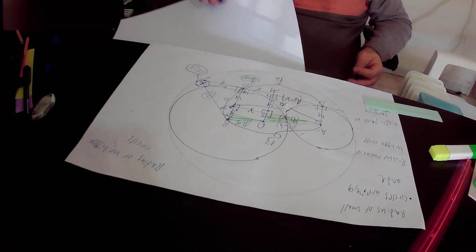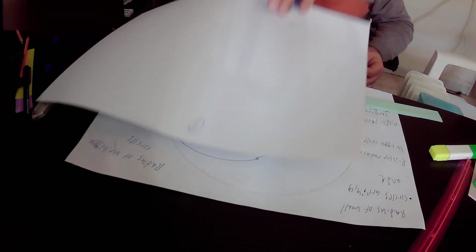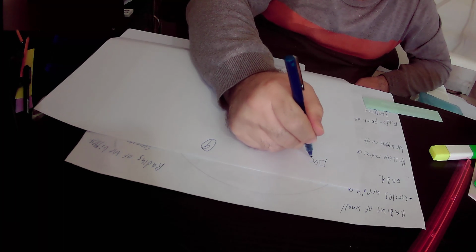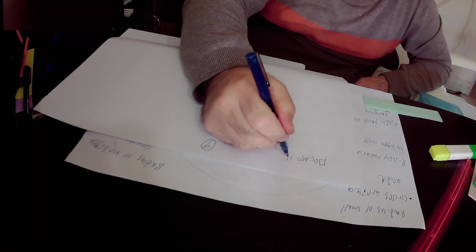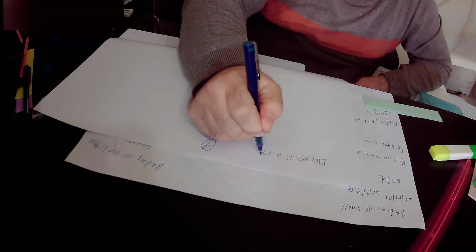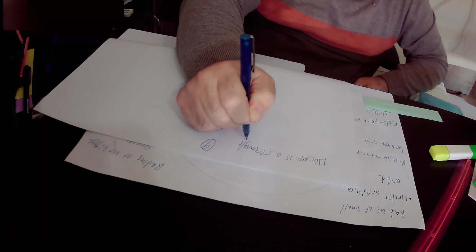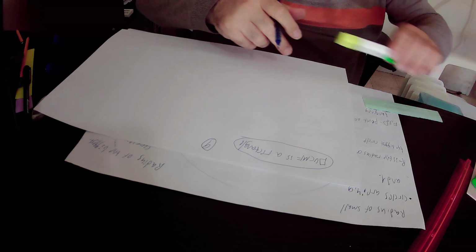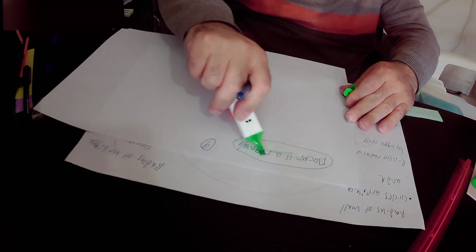So you can write down that quadrilateral UCMF is a rectangle.